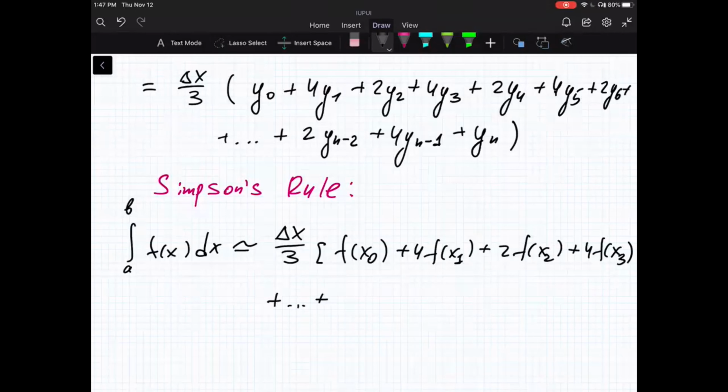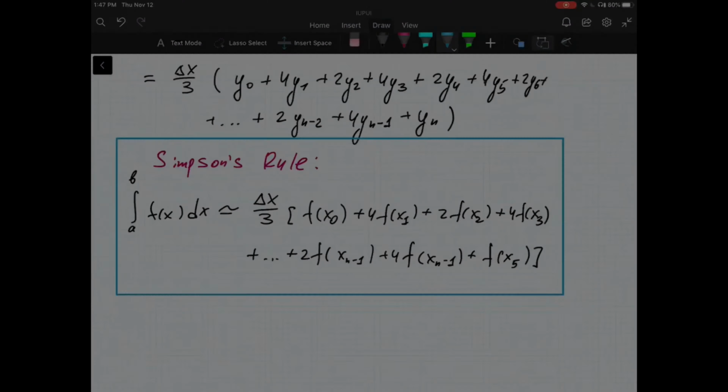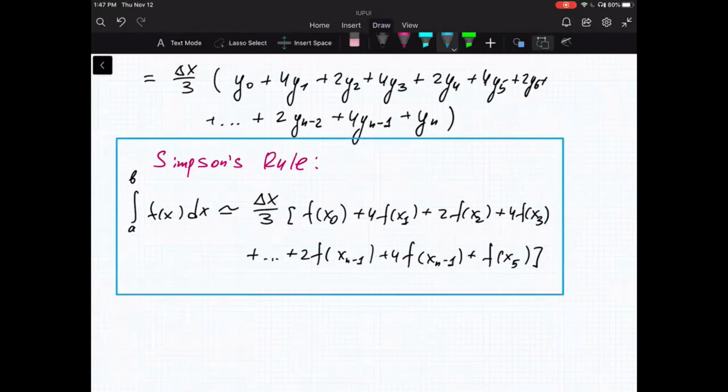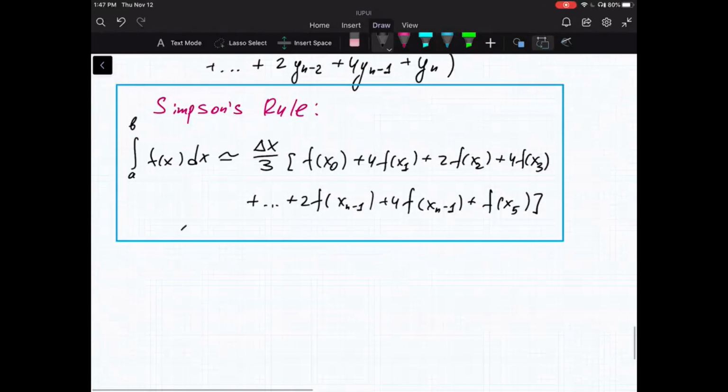And the last terms will be 2 f of x_{n-2} plus 4 f of x_{n-1} and f of xn. Where delta x is b minus a divided by n, and n is even.